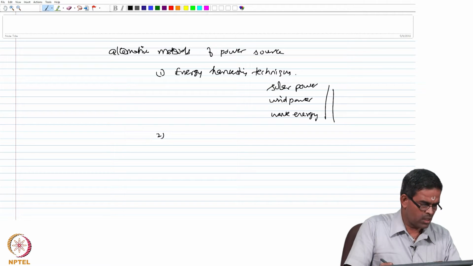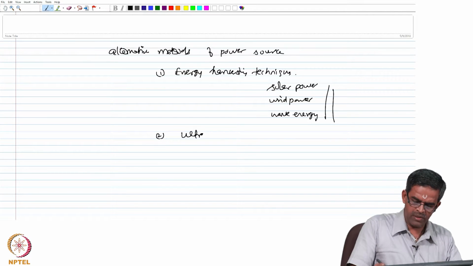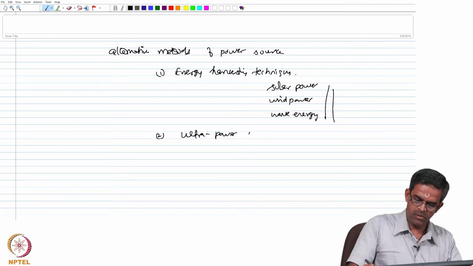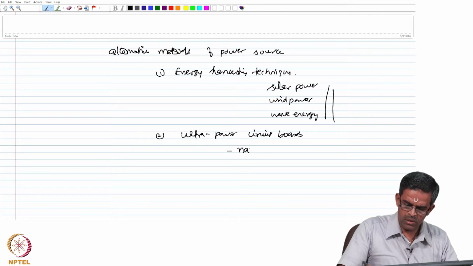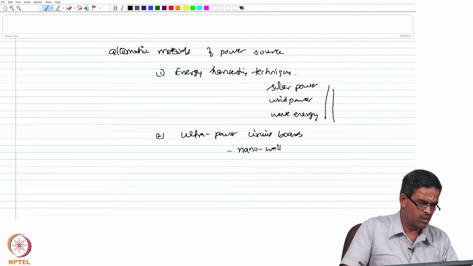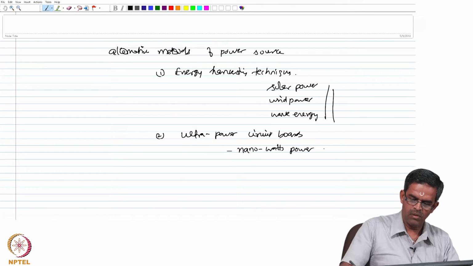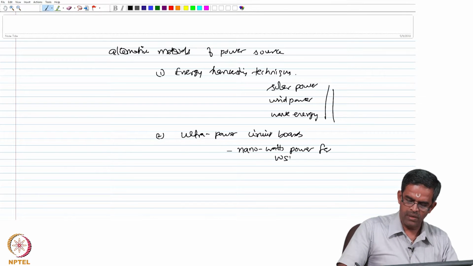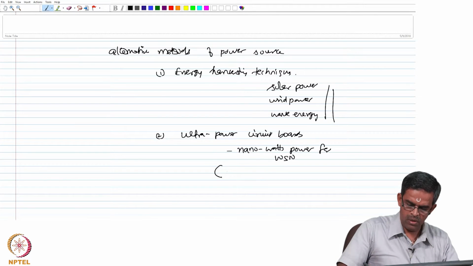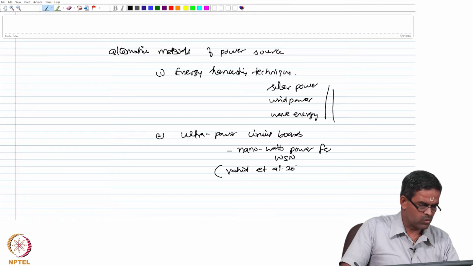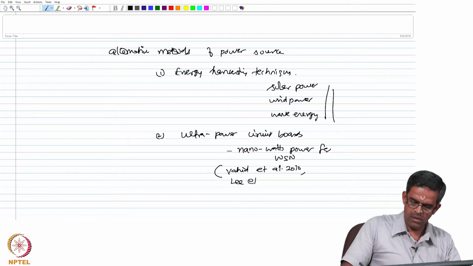One can also alternatively use ultra low power circuit boards which operate on nanowatts for powering networking components. The details can be seen in Waheed et al. 2016, Lee et al. 2016.